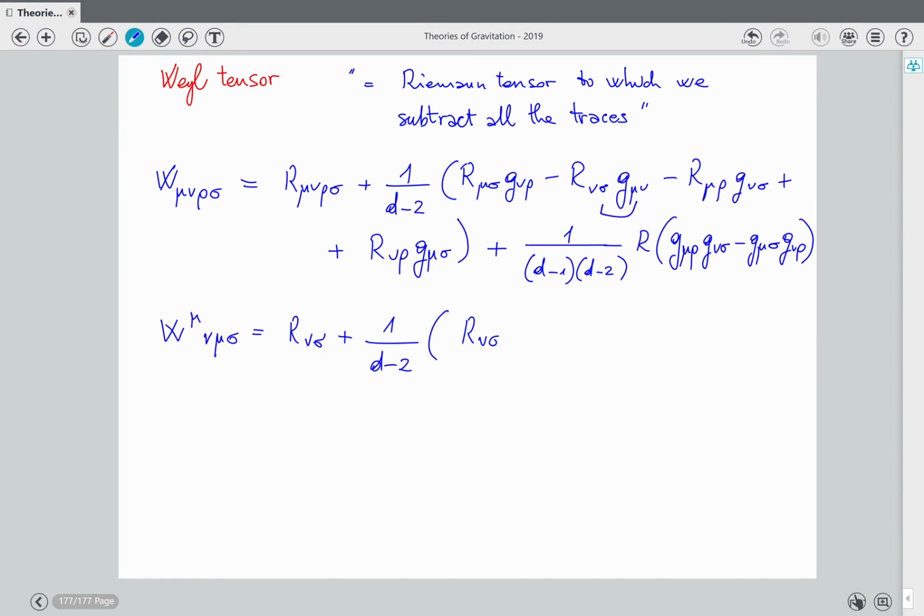If mu is equal to rho, this is mu rho. Now, if mu is equal to rho, you have G mu rho, so this is d r nu sigma, where d is the dimension. Let me call it n, not d, because d is the derivative, exterior derivative.